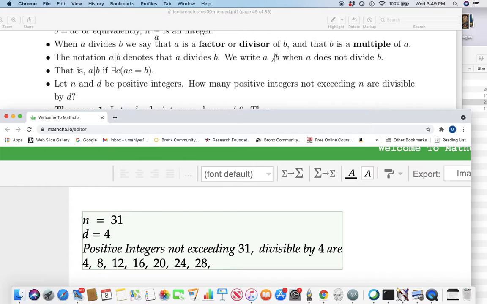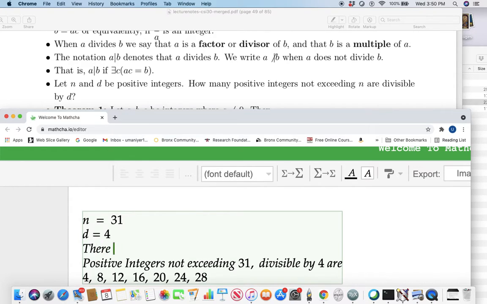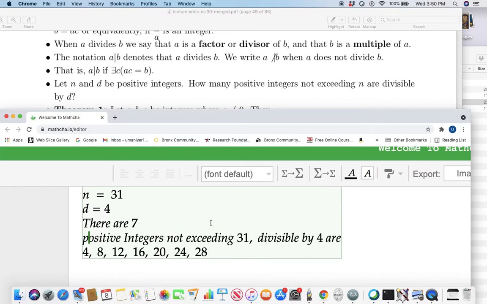The next one is going to be 32, but we are not allowed to exceed 31. So that's it. So how many did we get? 1, 2, 3, 4, 5, 6, 7. So there are 7 positive integers not exceeding 31 divisible by 4.